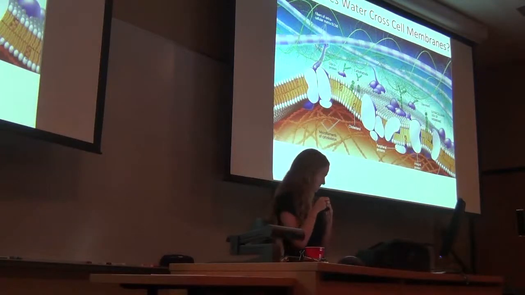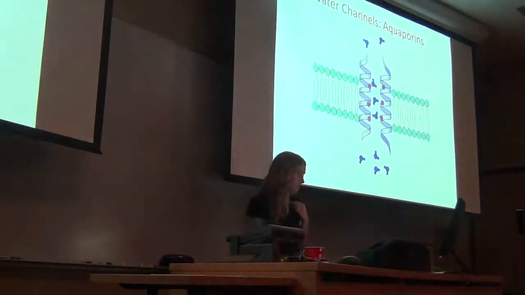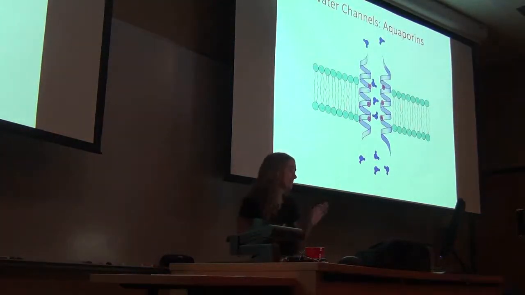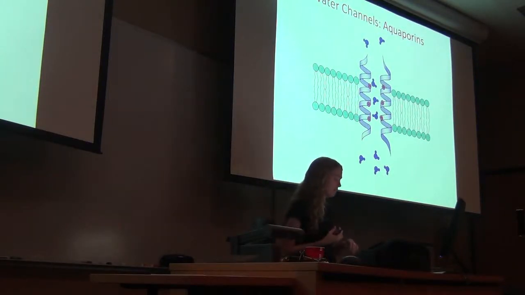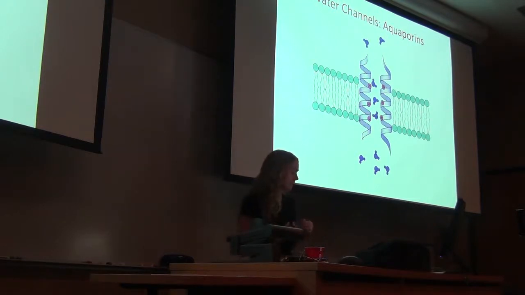So surprisingly, people didn't know about aquaporins until the late 1980s, 1990s. There was some suspicion that there had to be a water channel because water needed to flow very rapidly.